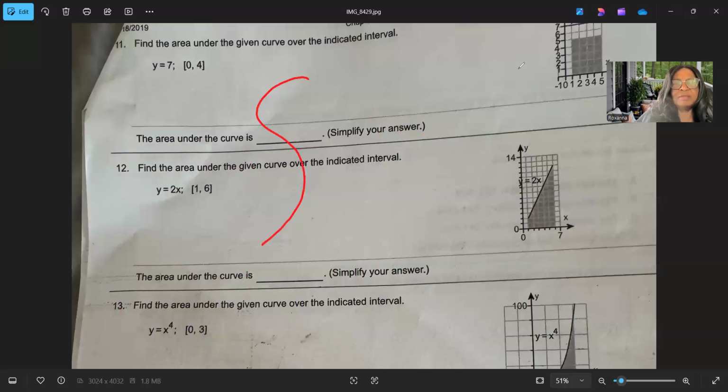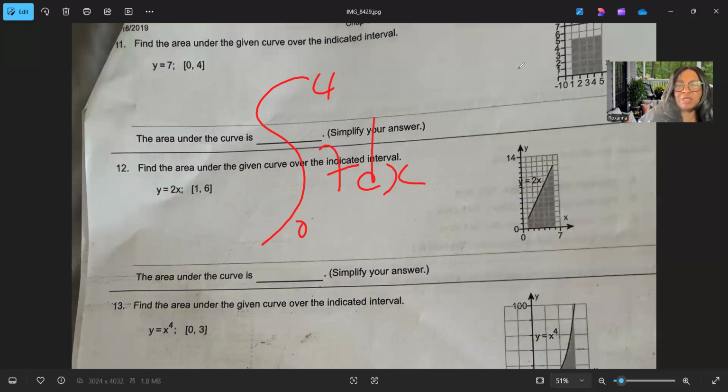Integral from 0 to 4 of the function y equal to 7 dx. I am told to find the integral, so I'll just integrate the function.